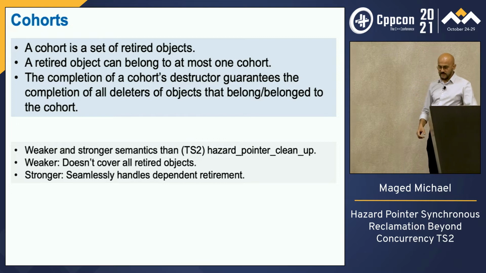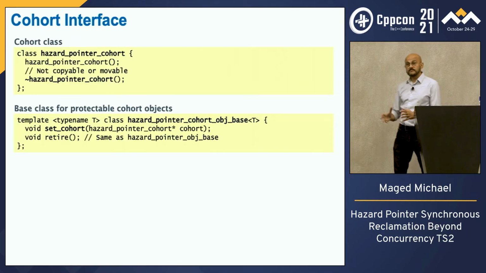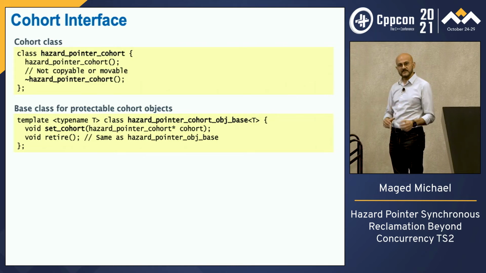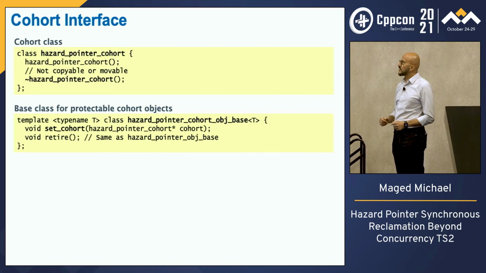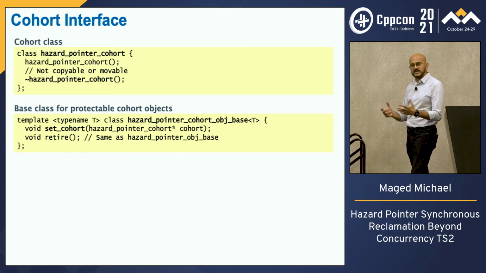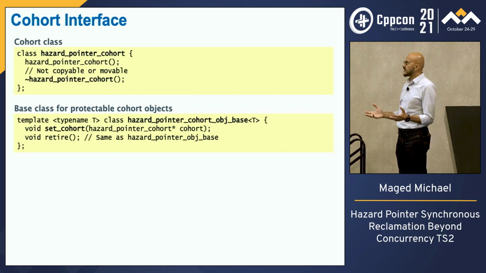Okay, so let's look at the proposed interface for that. I have a different interface in the Folly library, but this would be a cleaner one where we just have a cohort, and all we need from it is a constructor and destructor. And of course, we have the semantics I mentioned about the destructor.